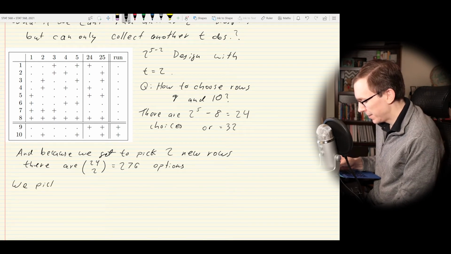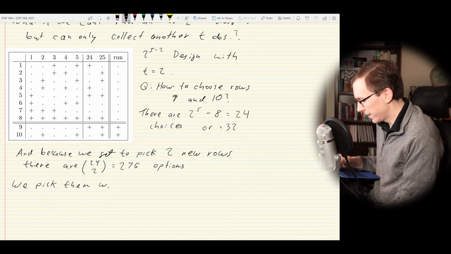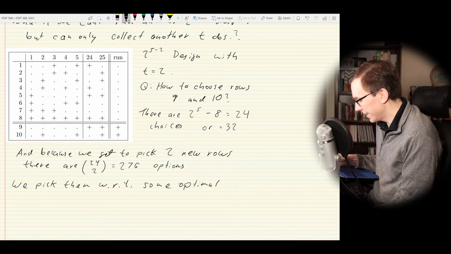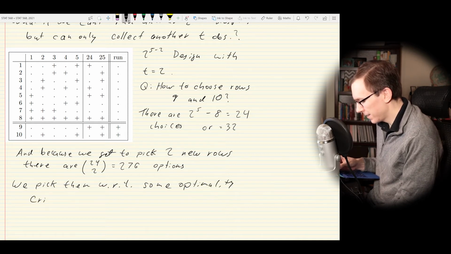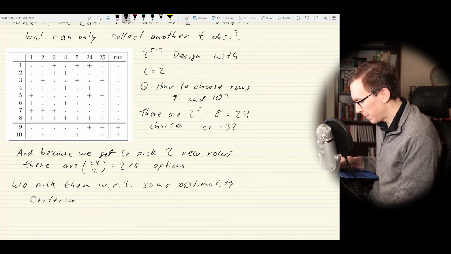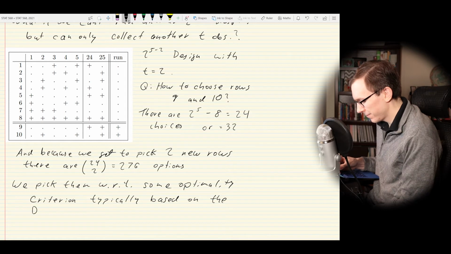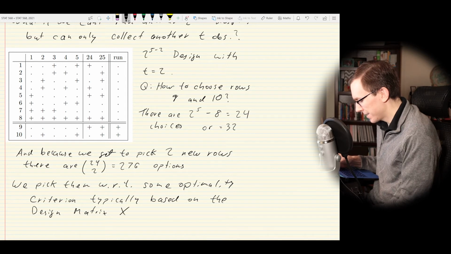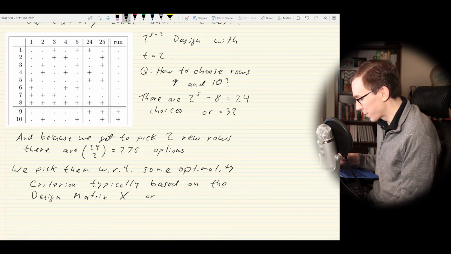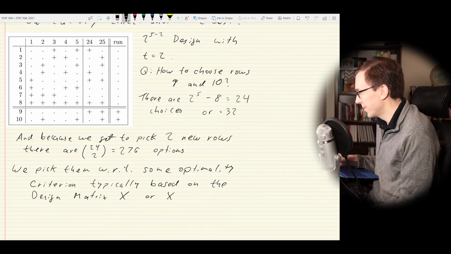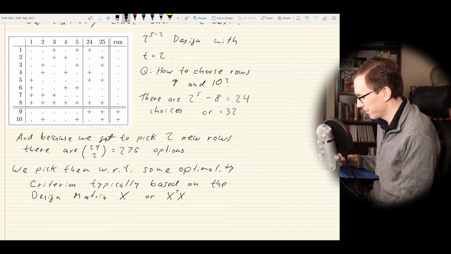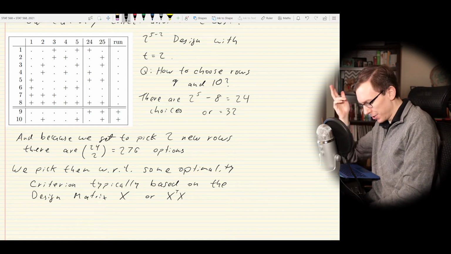So we pick them with respect to some optimality criterion, typically based on the design matrix X, or more specifically, based on X transpose X. When you multiply the design matrix by its transpose.